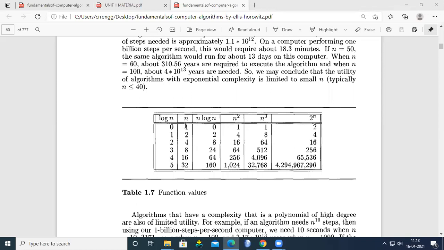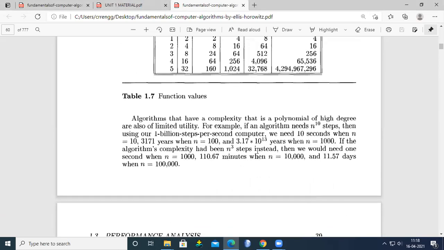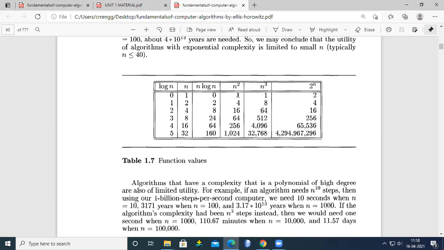N equals 1 means the input size is 1 for the algorithm. Only one input we are giving. So logarithm of 1 is 0, so log n is 0. Then n log n is 0 multiplied by 1, which is 0. N square means 1 multiplied by 1, so n cube is 1. 2 power n, 2 power 1, is 2.